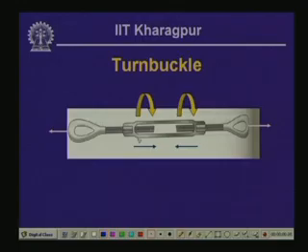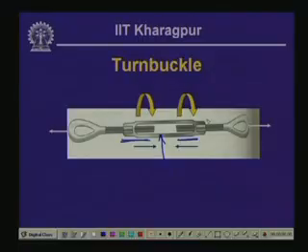Here we have the threaded part in this particular zone, and this particular part which is equivalent to a nut in a nut and bolt system. If this whole assembly is rotated, we have one threaded part in this zone, and another threaded part in this zone.